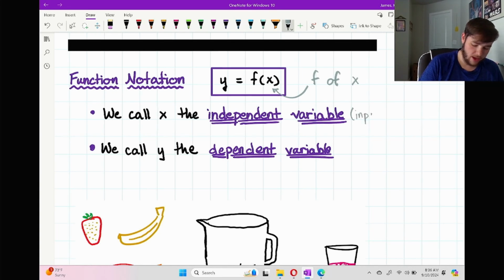We call y the dependent variable because its value depends on the value of x, which we choose independently. So this is our output variable. Now with functions, we can typically write our output as some rule surrounding our input.